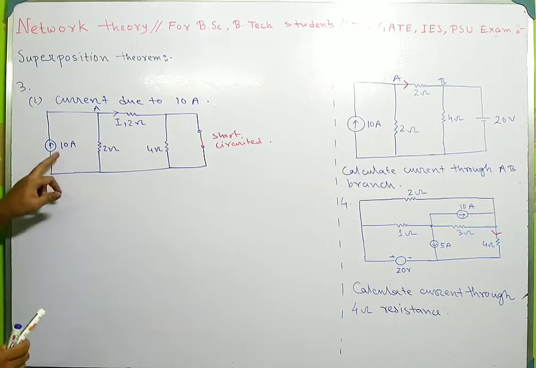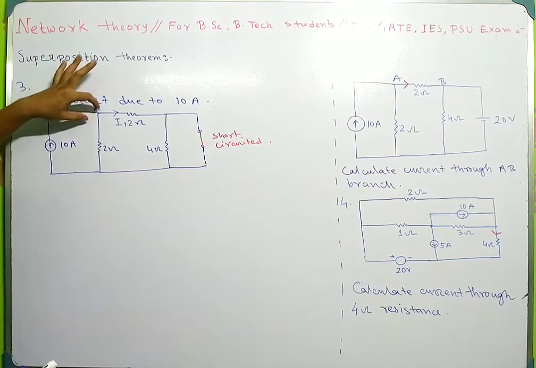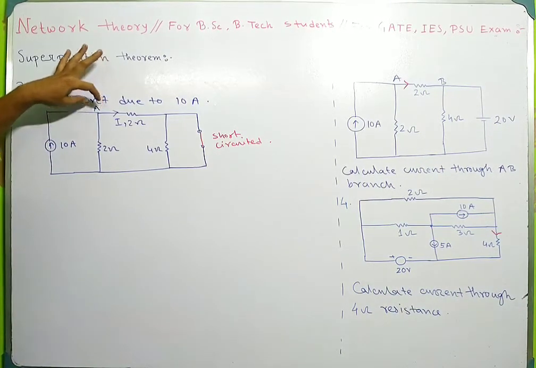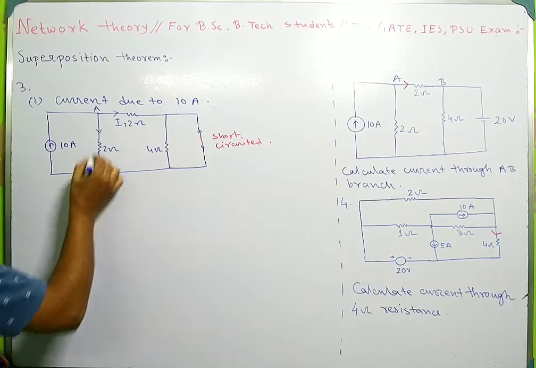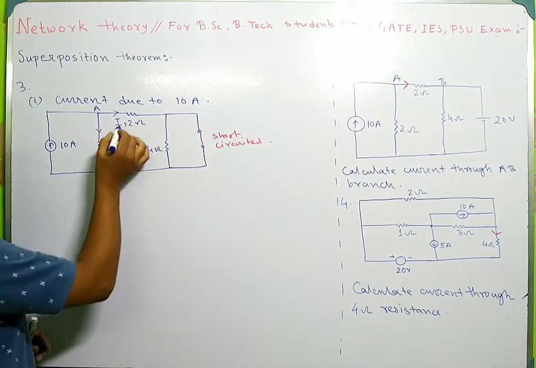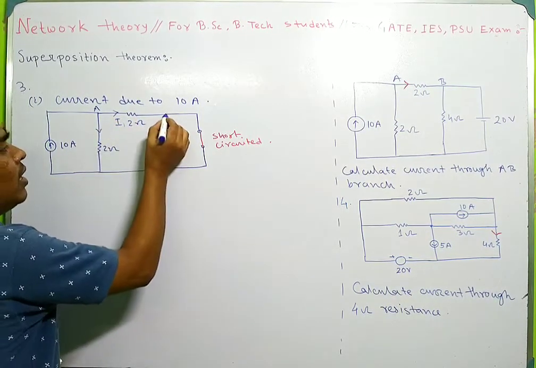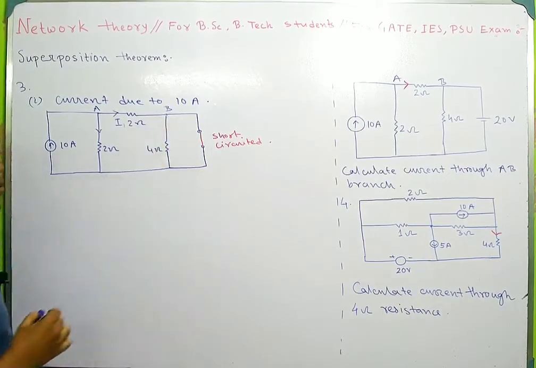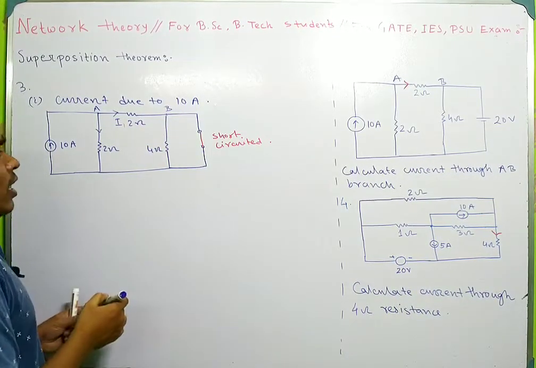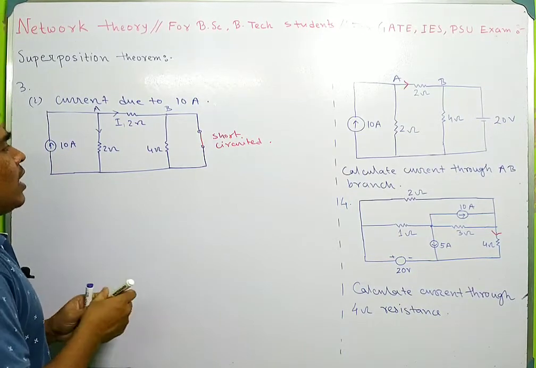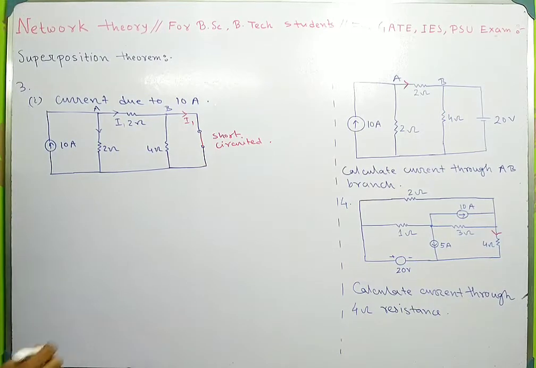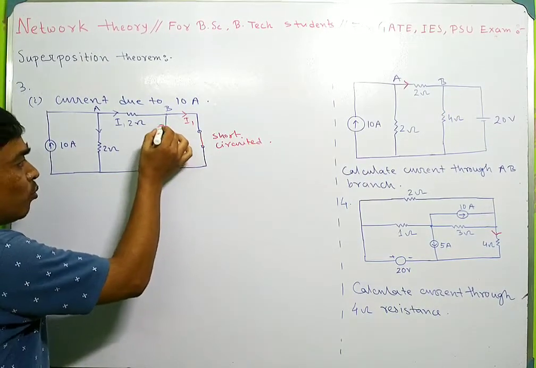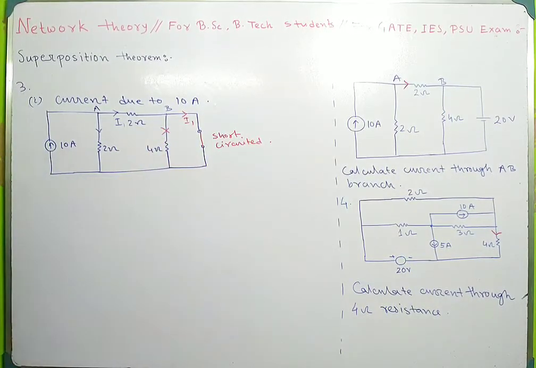This 10 ampere current will divide at node A. Some current will pass through this 2 ohm resistance, some through the other resistance. Now when this current I1 comes to node B, the total current will go through this short circuited path. No current will pass through this 4 ohm resistance.